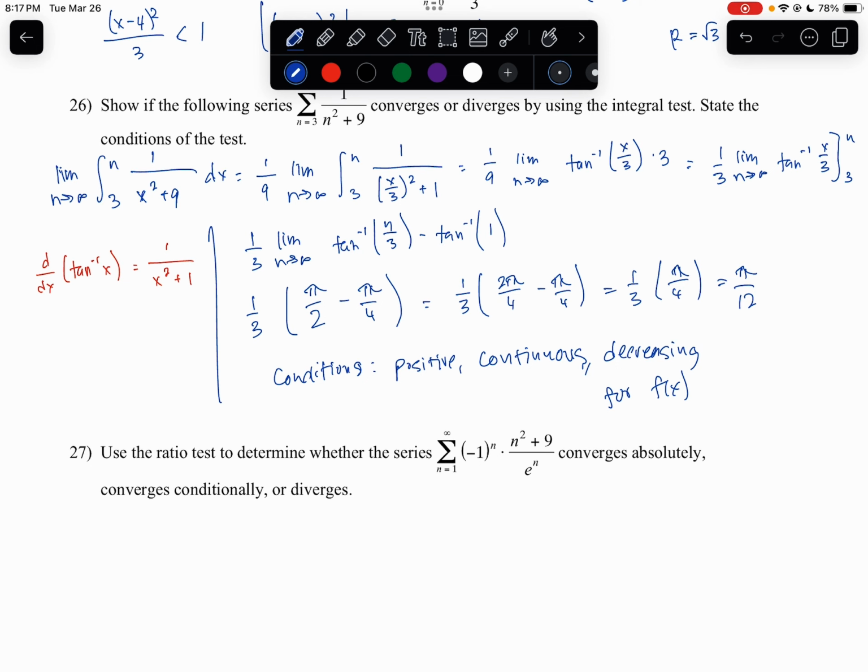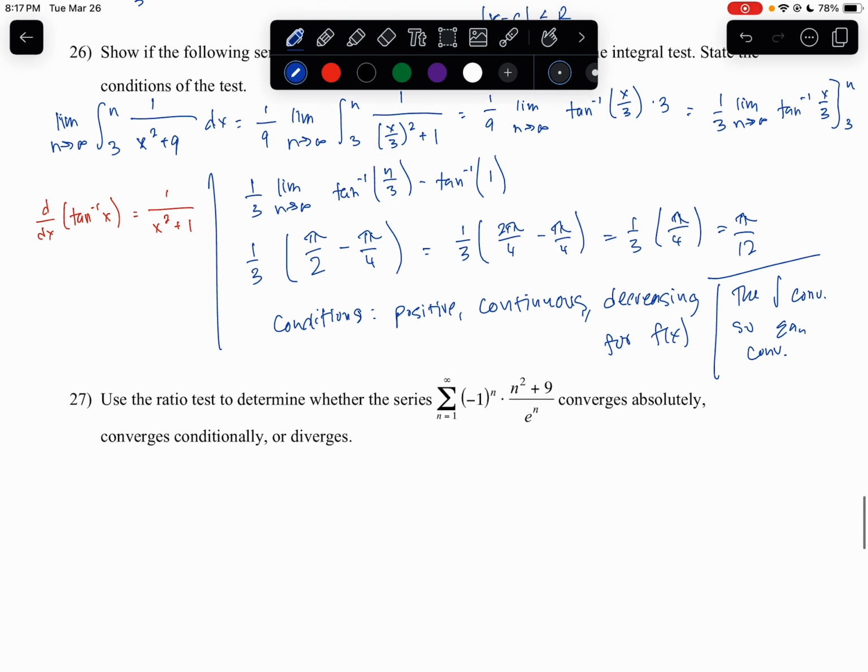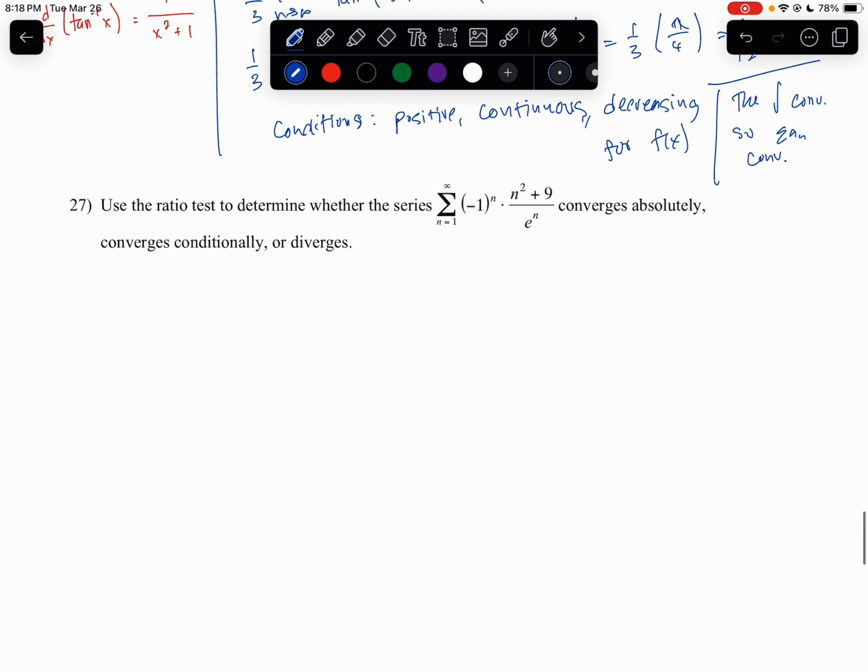I don't have a lot of room. Sorry, I'm just going to say it. Fine, I'll write it. The integral converges. So the series converges. I promise you're going to want to be more specific on the AP exam. Okay? But there you go. There you go. 27.